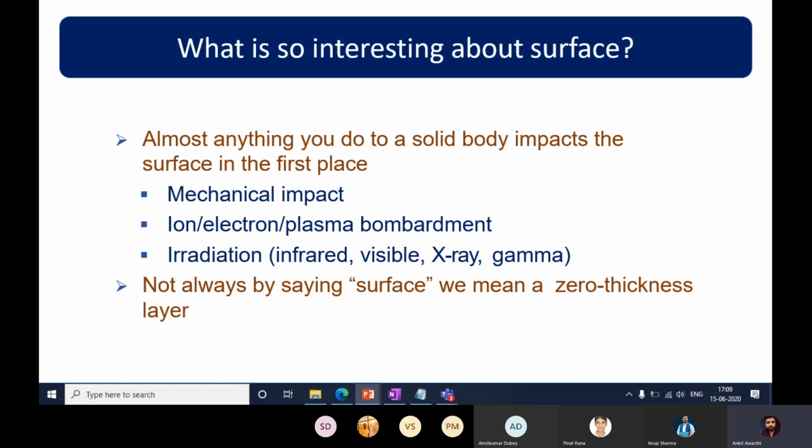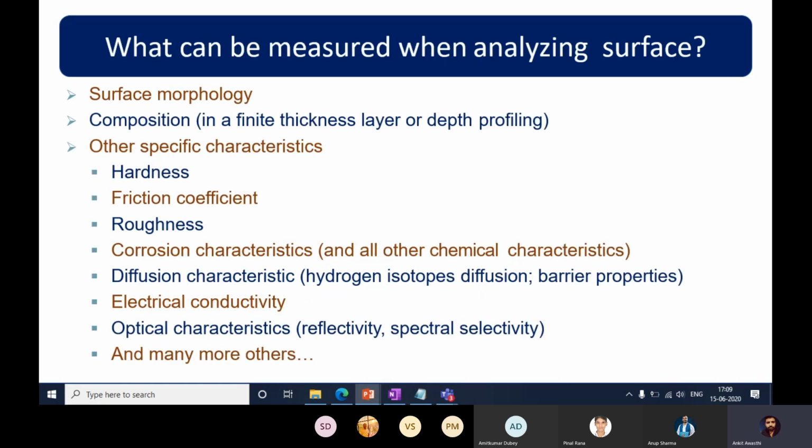So when we talk about surface analysis, what are we actually going to measure? The first thing is surface morphology. When we have performed any treatment, heat treatment, or some ionic bombardment or electronic bombardment or X-ray irradiation, there is a change in the grain structure or the morphology of the surface.